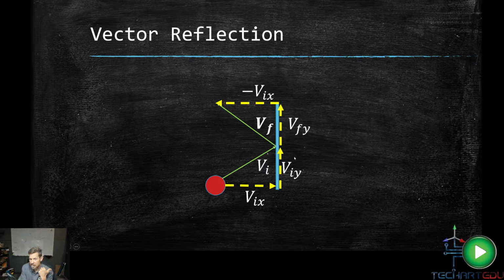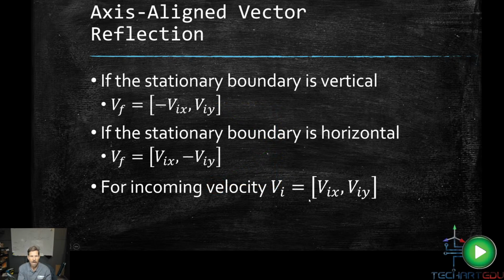Now, if this was a horizontal collision, just bouncing off the ground like that, then the x velocity would stay the same, and then the y velocity would flip just like that. Okay, and that's what we were talking about. I really should have a diagram for this. But anyway, this is just reiterating what we showed before. The important thing to remember is that the incoming velocity is equal to the outgoing velocity.